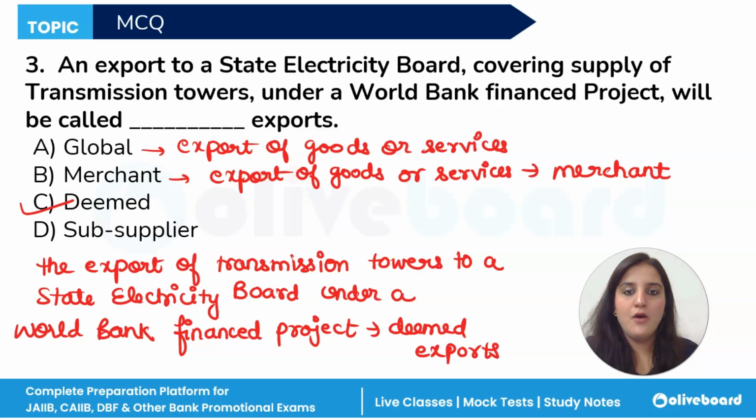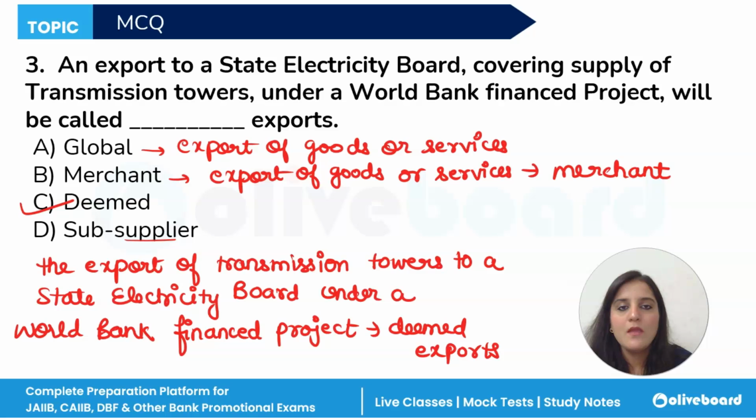Okay. Now, what is the meaning of sub-supplier here? Sub-supplier basically refers to the exports of goods or services by a sub-supplier, basically a third-party vendor to a main supplier or manufacturer, who then uses these goods or services as inputs to produce their own products for exports.